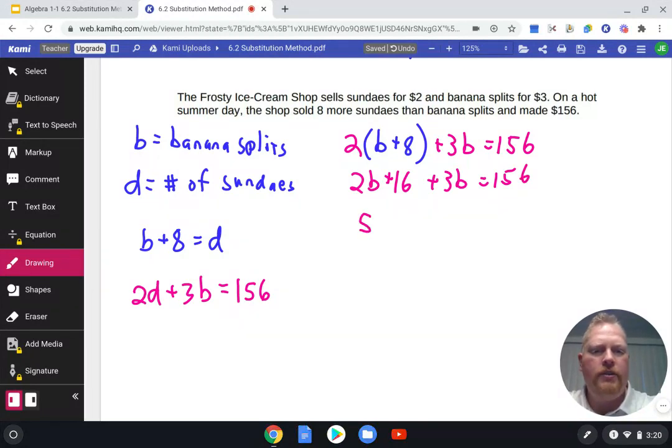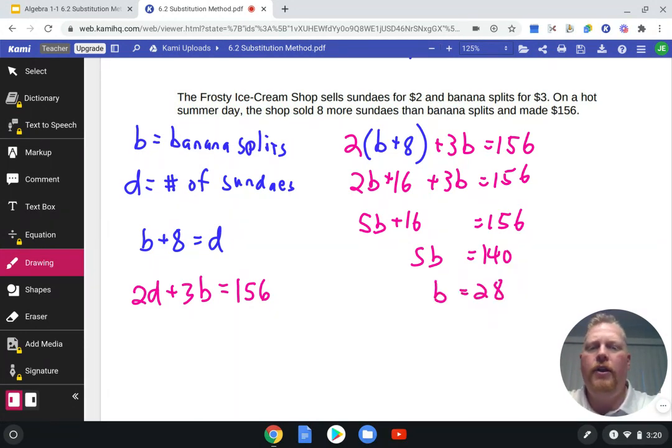Collect like terms. Subtract the 16. Divide by 5. And there we go. I just figured out that the number of banana splits was 28.